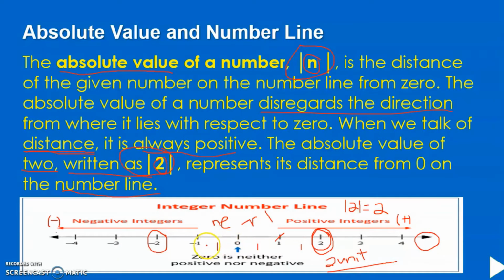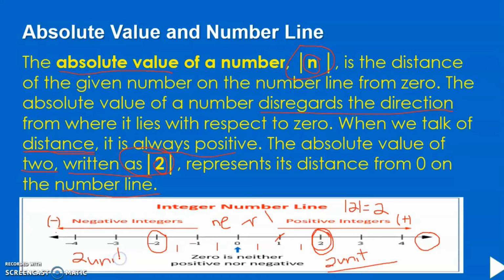From 0 to negative 1, there is 1 unit covered. And from negative 1 to negative 2, there is another 1 unit distance covered. So counting it in whole, from 0 to negative 2, there is 1 plus 1 is 2, or 2 unit distance.